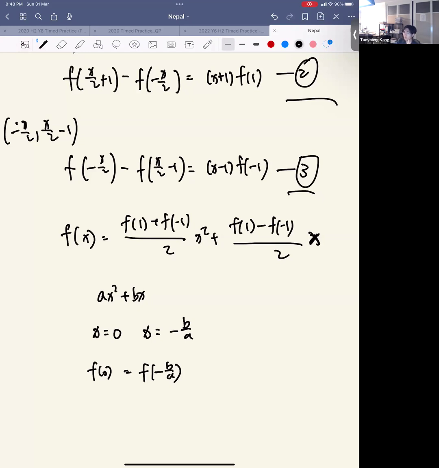So that's why it's very important to guess the solution before you proceed.